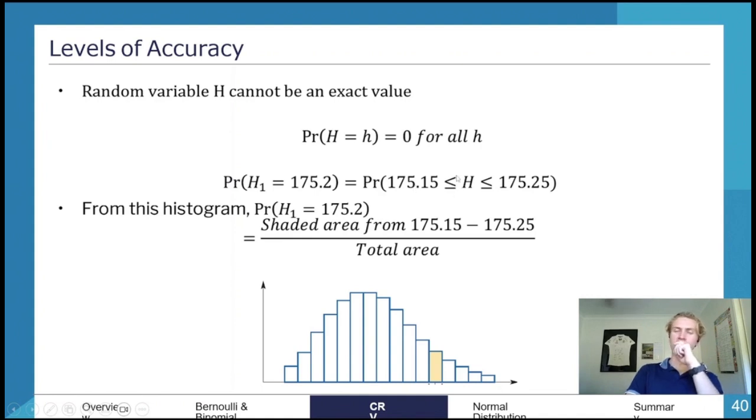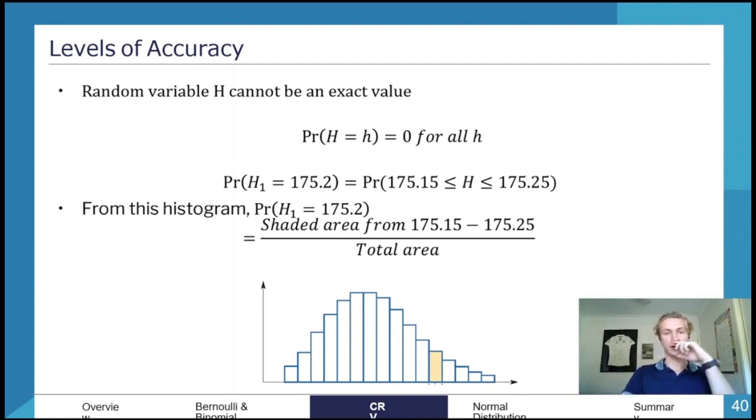One thing to note is that we don't need a less than or equal to or greater than or equal to sign here, because the probability that H equals 175.15 is just going to be 0 according to this golden rule. If we're talking about continuous variables, the probability of a single point is 0. It's only when we talk in terms of intervals that there is a value.